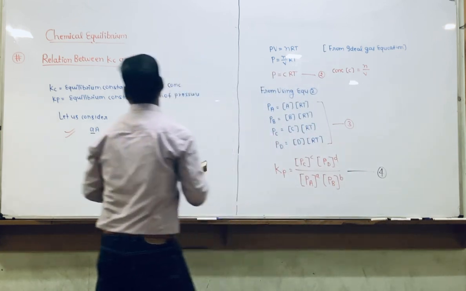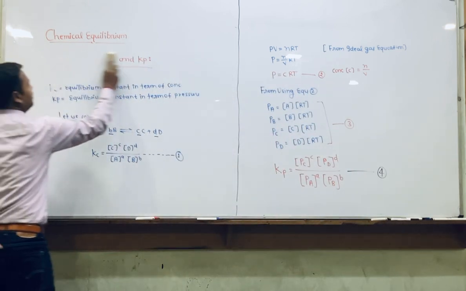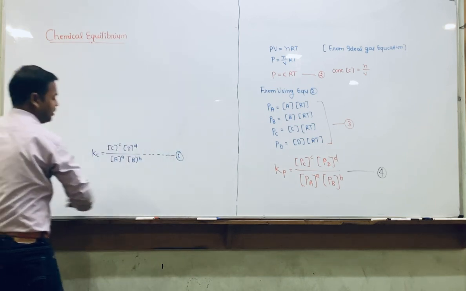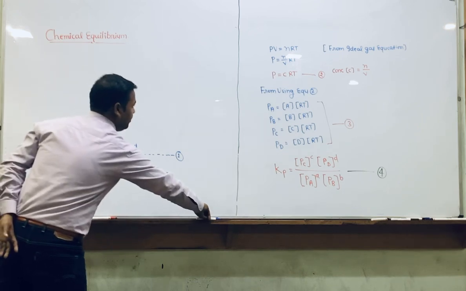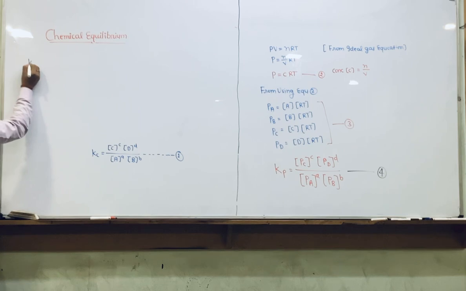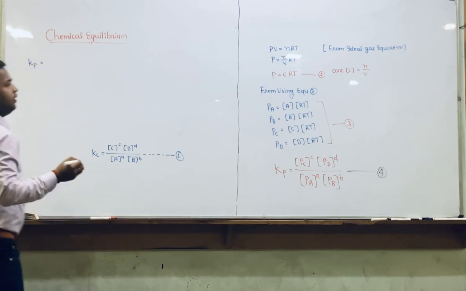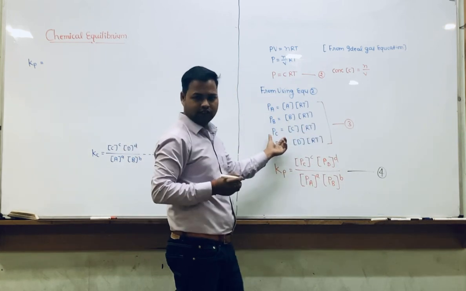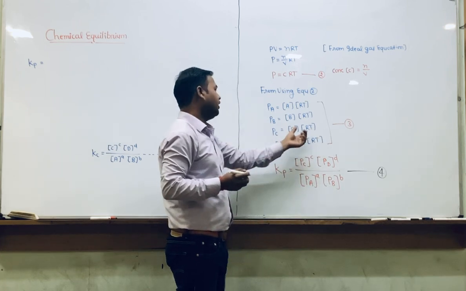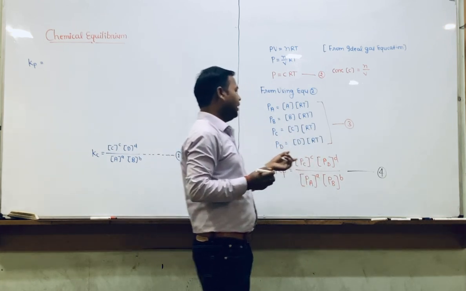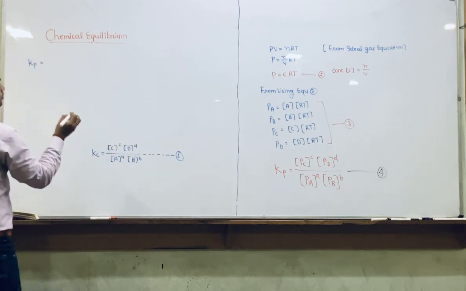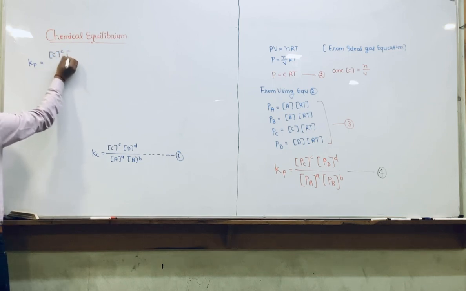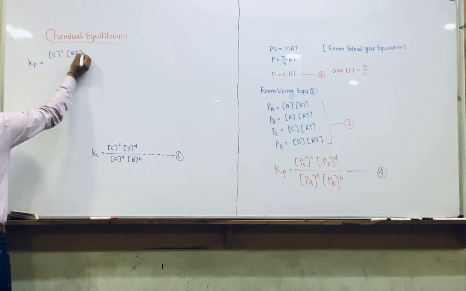Now, from equations 3 and 4, we can write Kp. Using equation number 3, Pc equal to concentration of C times RT, putting this value in equation number 4, we get concentration of C to the power c and RT to the power c.